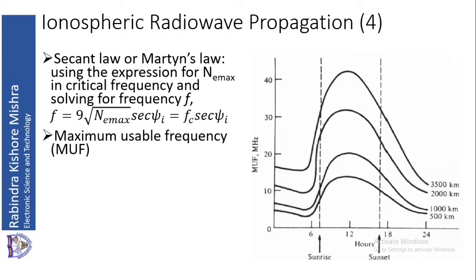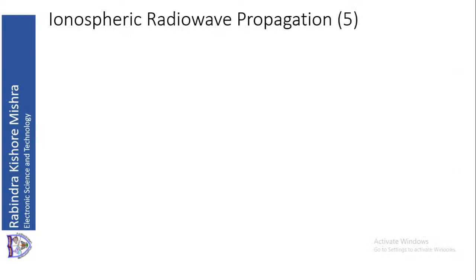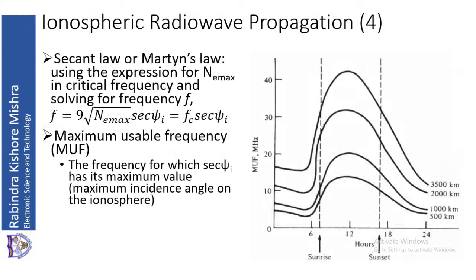When sec psi I has its maximum value, that is, the angle of incidence on the ionosphere for which sec psi I has the maximum value, that frequency is called the maximum usable frequency. Right?